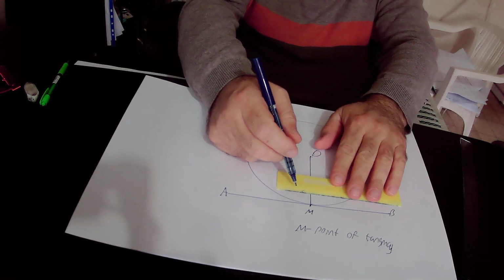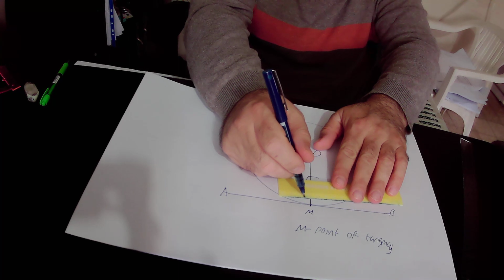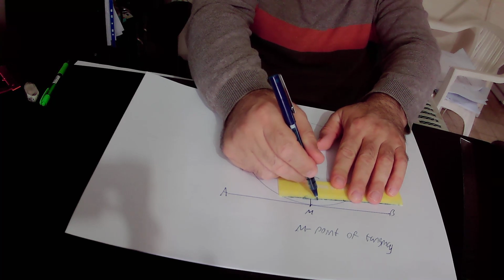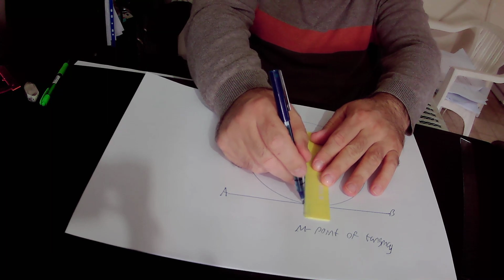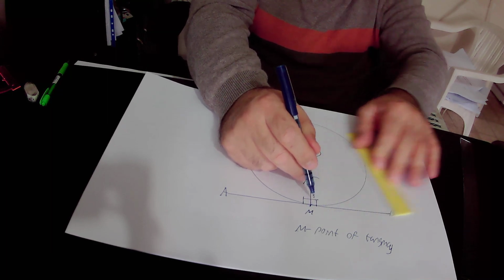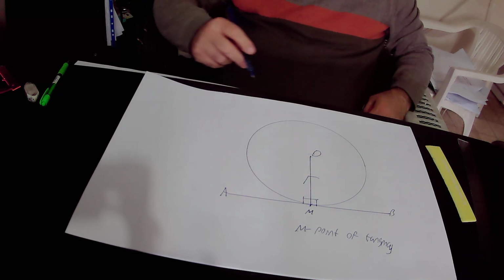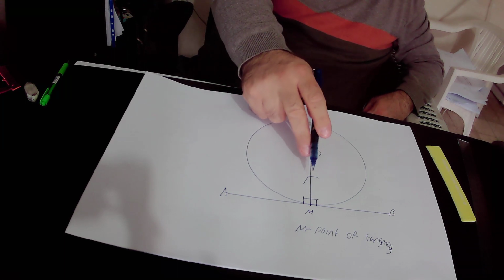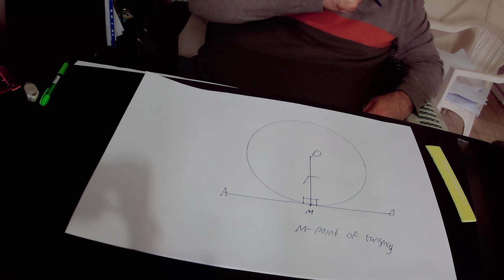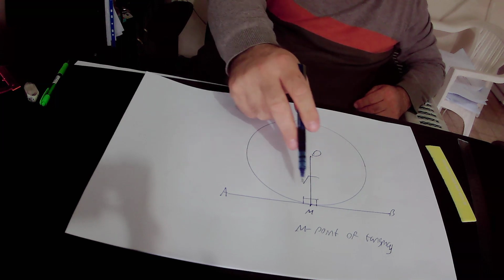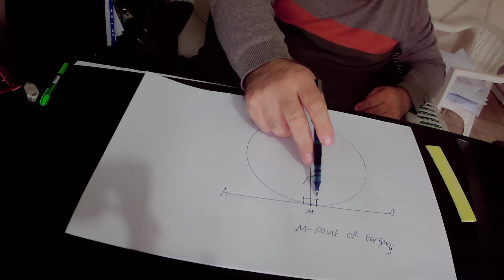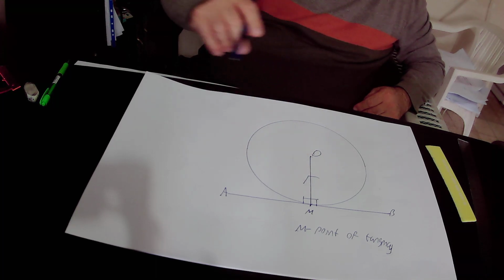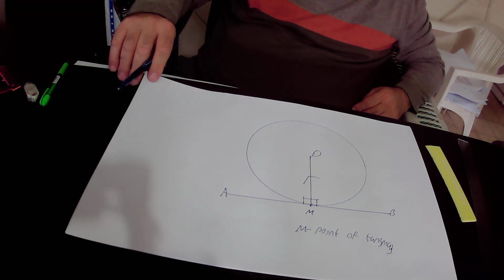Therefore, according to rule number 1, the tangent AB will be perpendicular to this radius. Whenever you have a radius drawn to the point of tangency, the tangent will be perpendicular to this radius, that is to say this angle will be equal to 90 degrees and this angle will also be equal to 90 degrees.